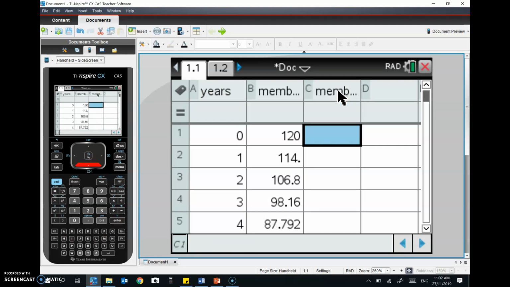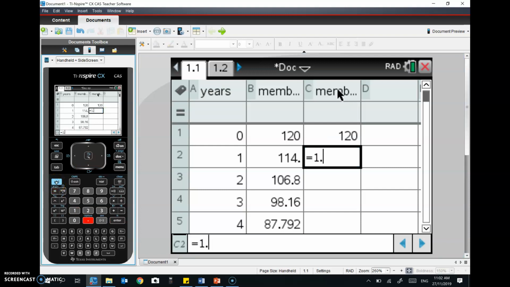And in this case, we start with 120 again, but in this cell, we put the new formula for our difference equation. We're going to put C1 because that's the one above here now, C1. We take 30, and there we actually see an increase in membership.